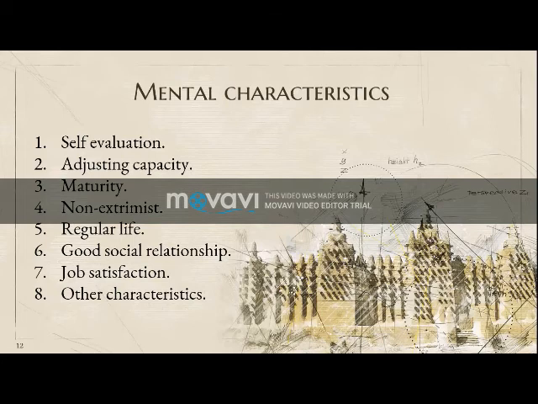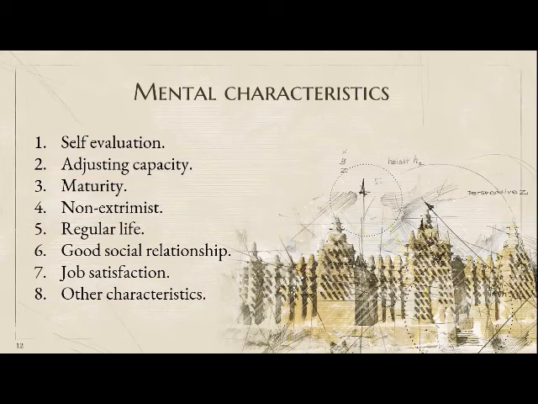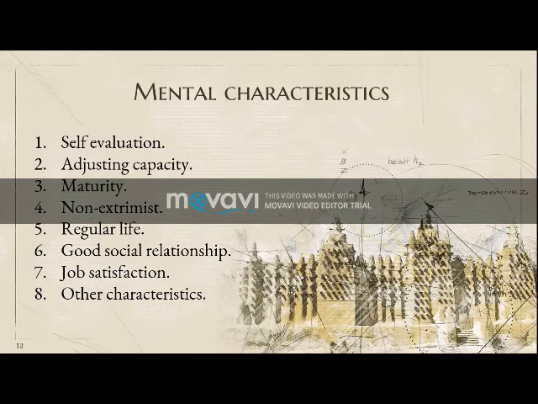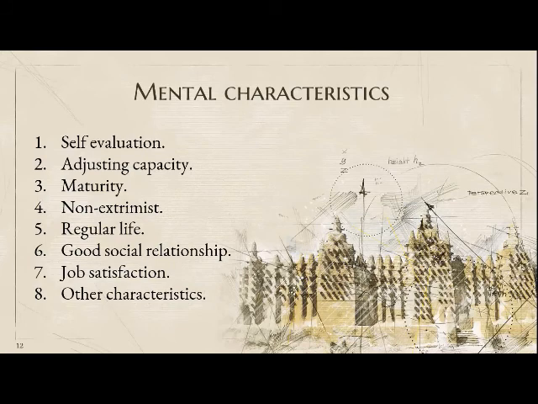Next, good social relationship. A mentally healthy person maintains good social relationships with the people of society, colleagues, and family members. And he knows how to respect and how to take responsibility, and how to develop his own personality, everything he knows, and he is ready to balance the relationship.